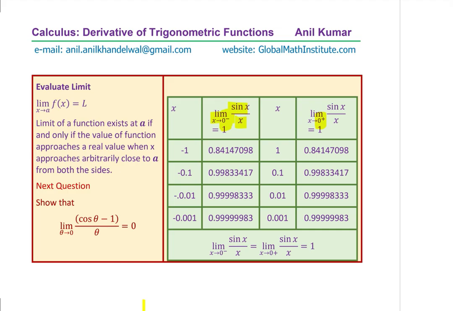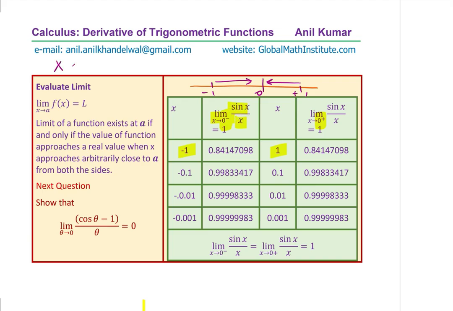Now since we are approaching 0, let us begin with minus 1 on the left side and plus 1 on the right side, and then we'll come closer and closer to x equals to 0. So look here, we want to approach 0. We are approaching from minus 1 and plus 1, going closer and closer to 0. That's the whole idea. So at x equals to minus 1, substitute the value. All these are in radians, important.